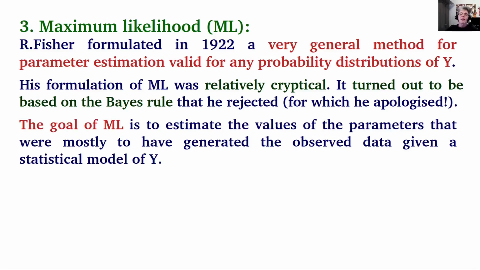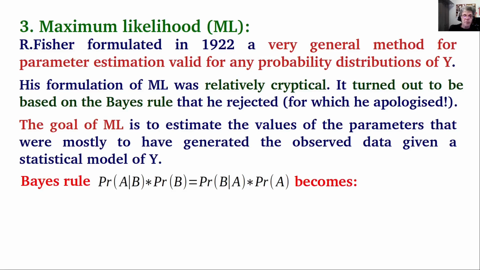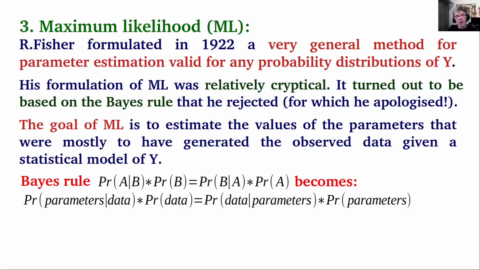So the goal of maximum likelihood is to estimate the values of the parameter or parameters, when there's more than one, that were most likely to have generated the observed data, given the statistical model proposed for y, given the probability distribution postulated for the response variable y. Bayes rule, discussed in previous videos, becomes the following: the probability of observing the parameter given the data times the probability of observing the data is equal to the probability of observing the data given a set of parameter values times the probability of observing the parameter values.